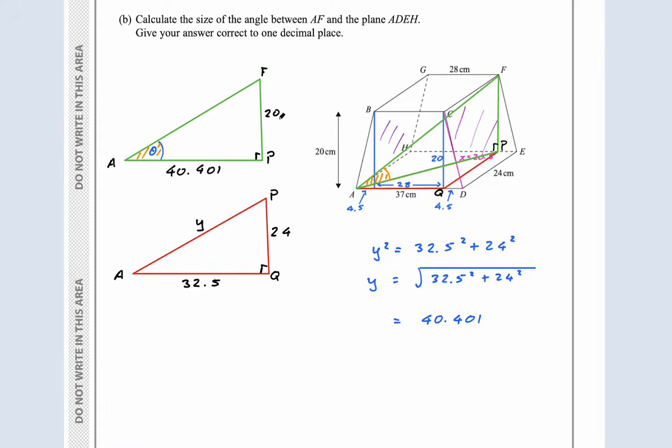Okay, so I know the opposite and the adjacent. So I'm going to say tan of theta is equal to 20 over 40.401.